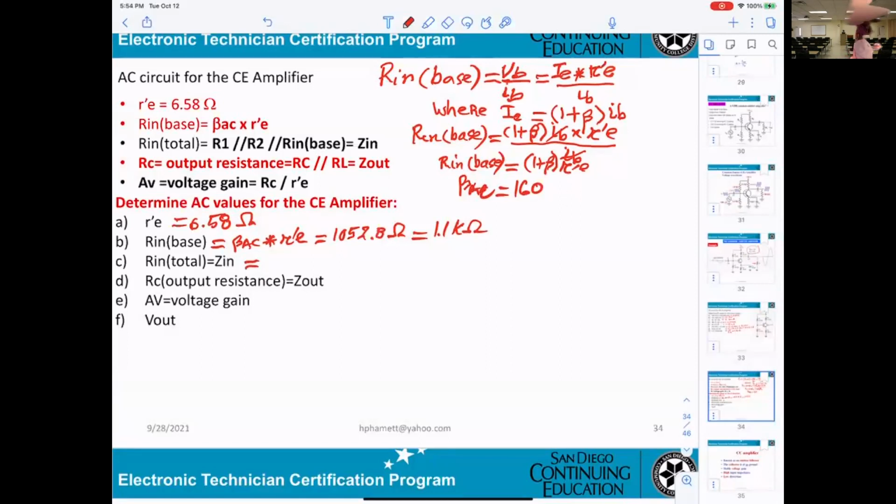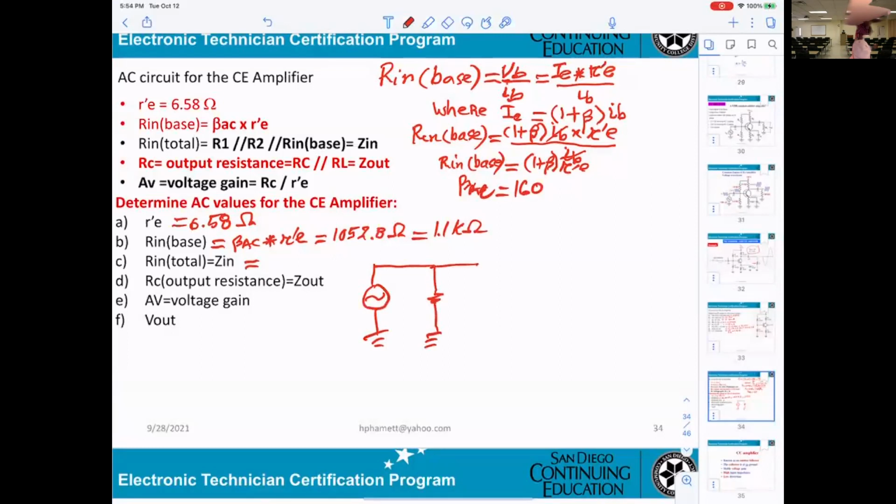Now I can draw this for you. You can see, this is the generator. First you get R1.